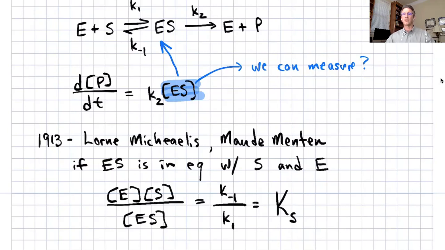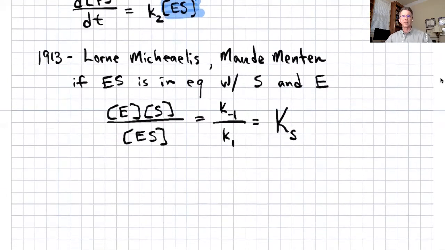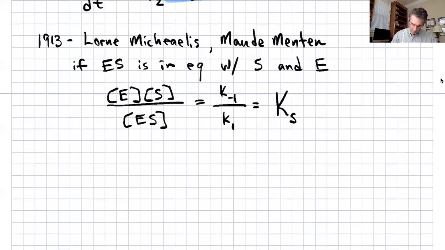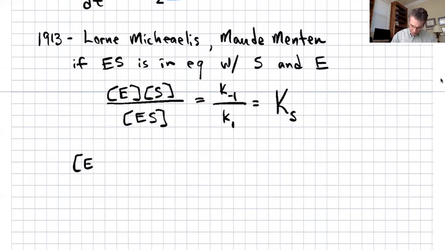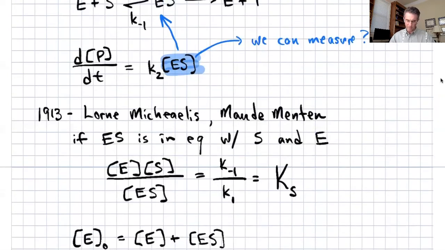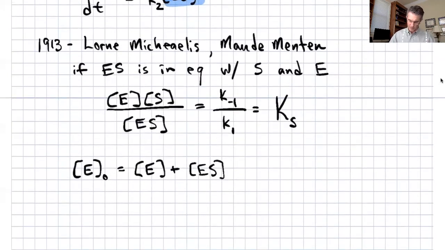It's analogous to the exact same trick we used when we talked about the reversible kinetic solution to the unimolecular rate equation. You know one more thing: the enzyme substrate complex and the free enzyme are related to each other through the total amount of enzyme that you could measure in an experiment. E sub 0 has to be equal to the amount of free enzyme plus the amount of enzyme tied up in a substrate complex, in this scheme where we're neglecting the other species.